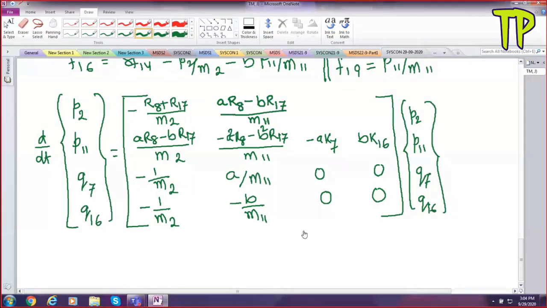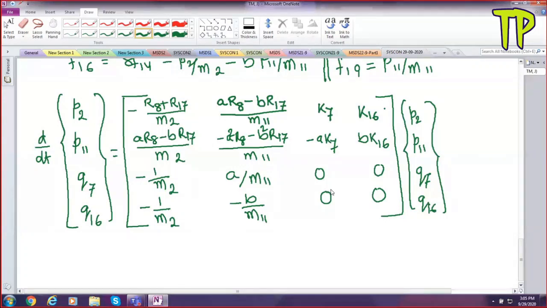So we are filling. And here, of course, this is vertical motion. We know what will come. The force acting in the vertical direction will be K7, Q7, and K16, Q16. So what is this equation basically? We have spring force acting vertically, K7, Q7. Another spring force from the front suspension, K16, Q16. Then you have damper force.